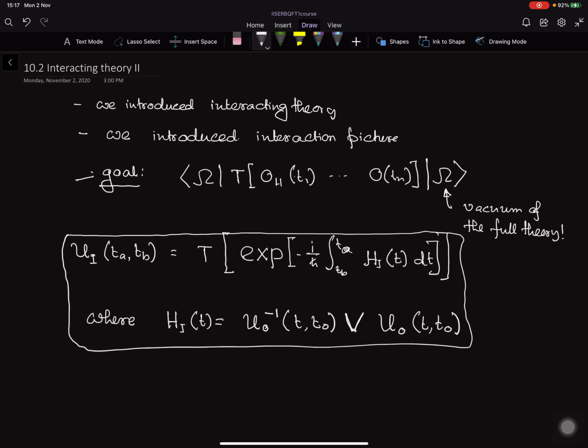And our goal is to compute this quantity. So in this lecture, we will show how these two things are connected.